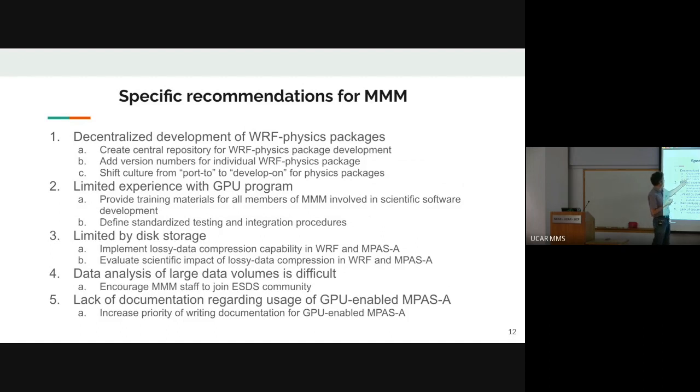Then we're suggesting to shift the culture from port to develop on for physics packages. What this means is that having the scientists develop the physics package, hand it off to a software engineer who then ports the package, and then they validate it, is an endless cycle because the scientist is probably not going to stop innovating.